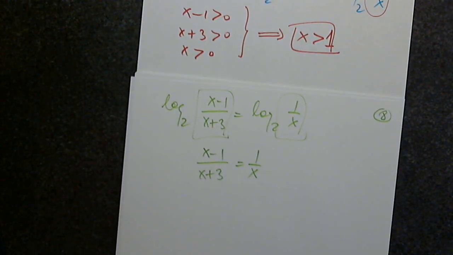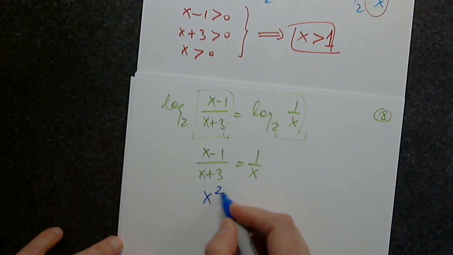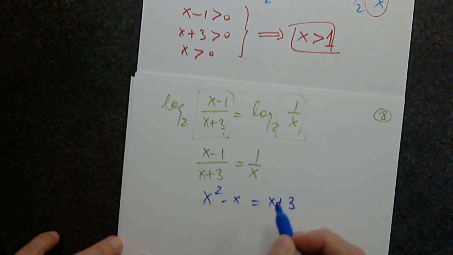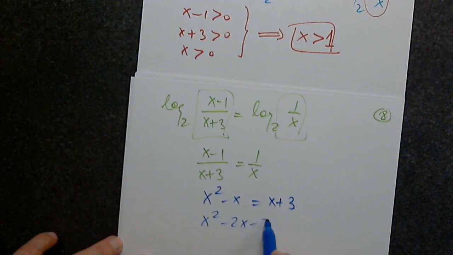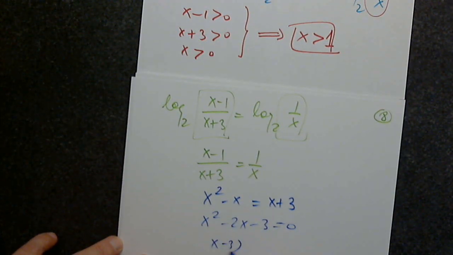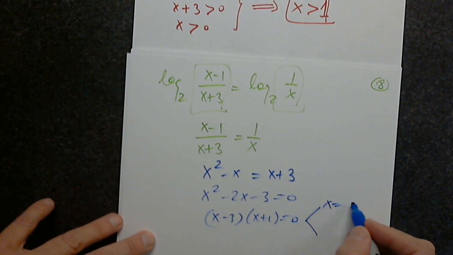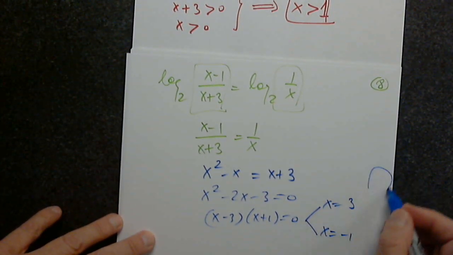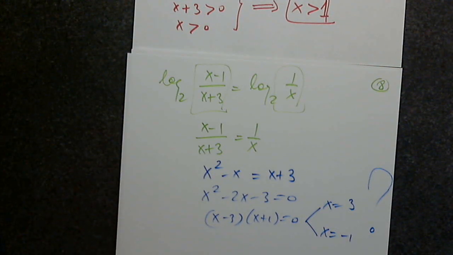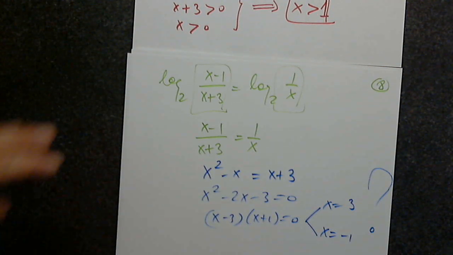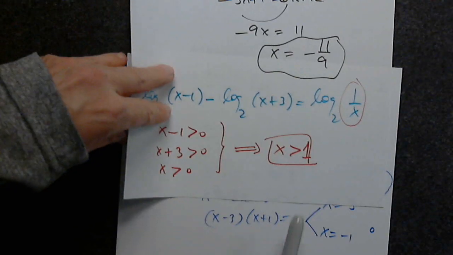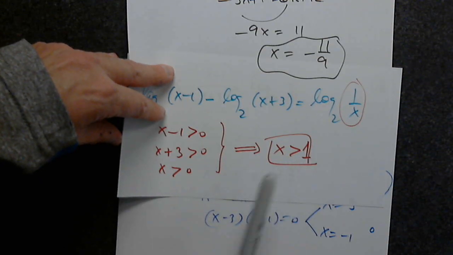And this is a proportion now, and we will cross multiply and get x squared minus x equals x plus 3, or x squared minus 2x minus 3 equals 0, or x minus 3 and x plus 1. And we get two options, 3 and negative 1. But I know that I worked hard at the very beginning, so I know that the solution will not be accepted unless it's a number strictly greater than 1.